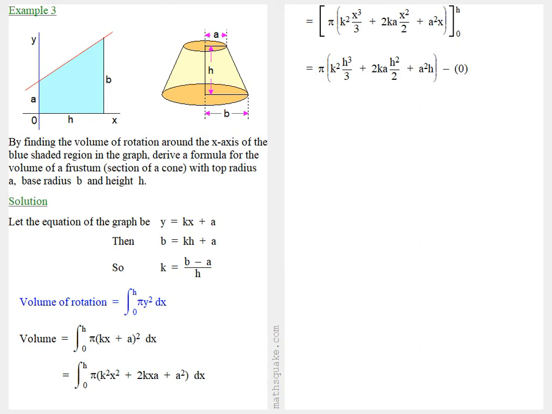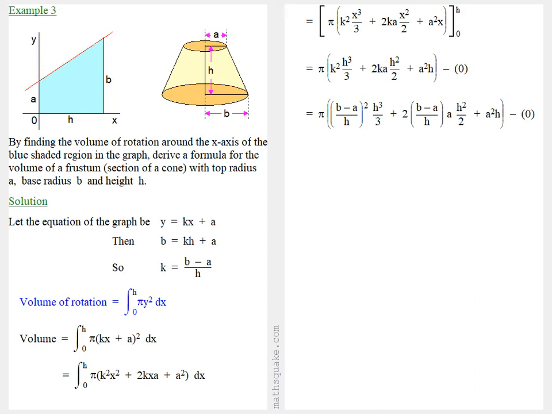But we know that k is equal to (b minus a) over h. So we've got the volume is equal to pi times ((b minus a) over h) all squared times h cubed over 3, plus 2 times ((b minus a) over h) times a times h squared over 2, plus a squared h, minus 0.